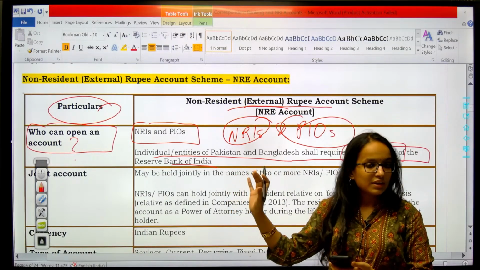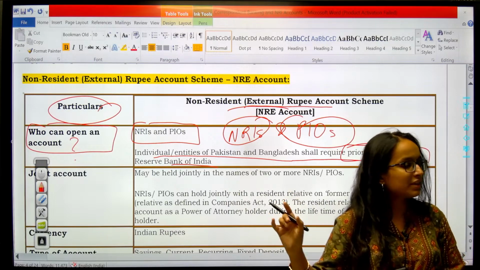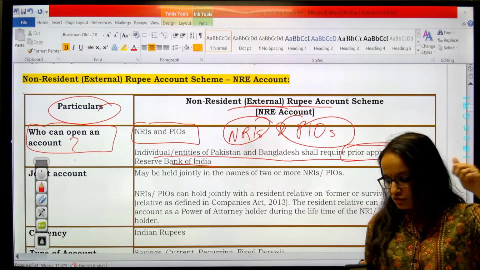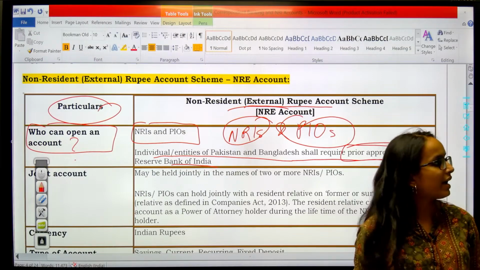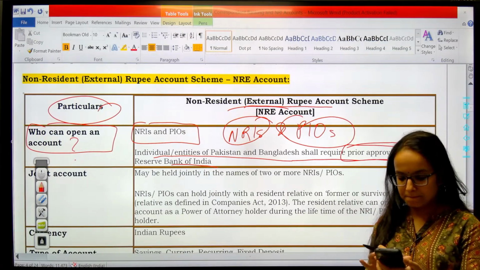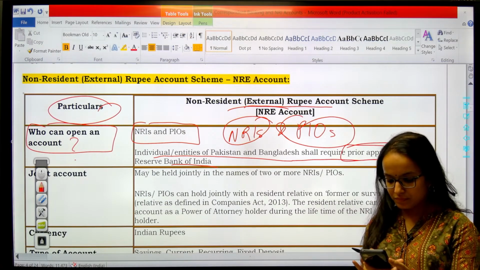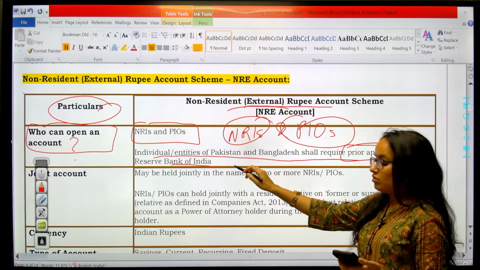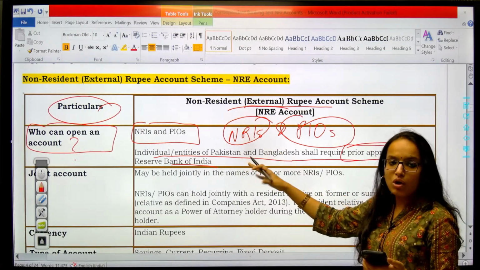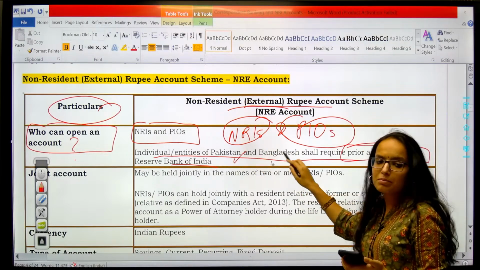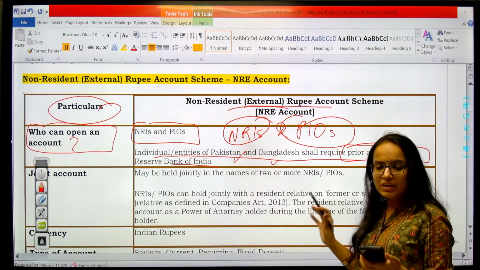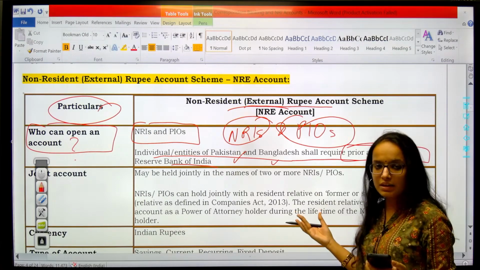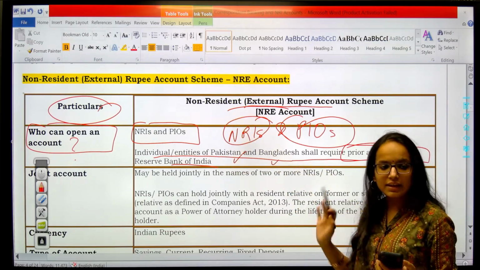Are you able to recall the definitions of PIO and NRI from the previous classes? Individuals who belong to Pakistan and Bangladesh will require a prior approval of the RBI in order to open this NRE account.